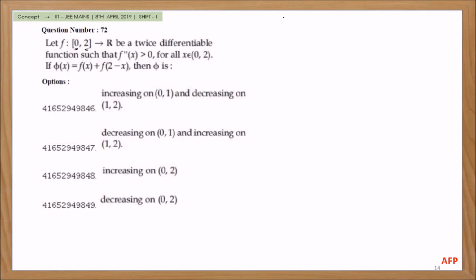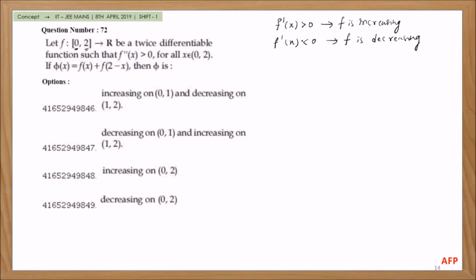So the increasing concept is, whenever the differentiation of the function is greater than 0, then f is an increasing function, while f dash of x less than 0, we can write f is a decreasing function.